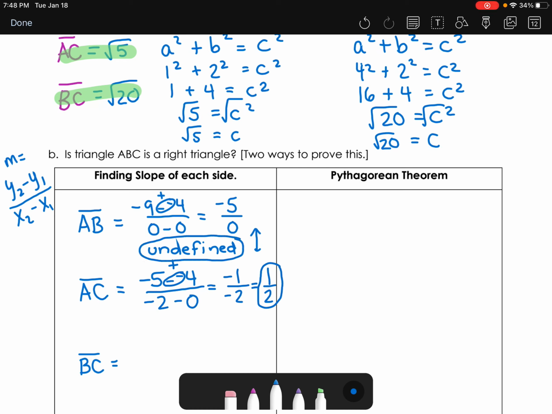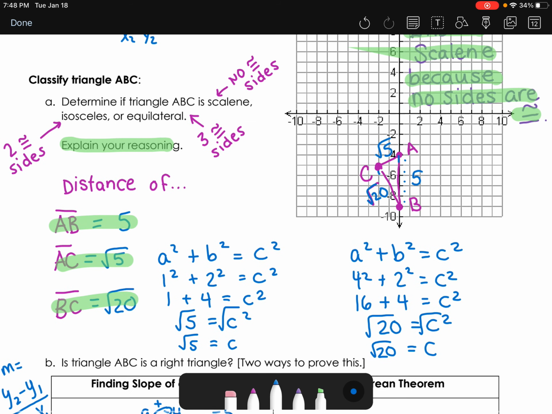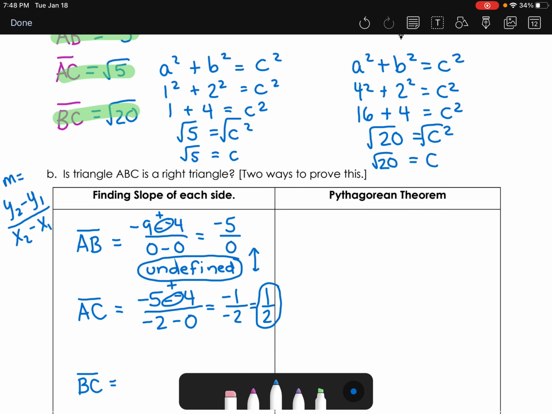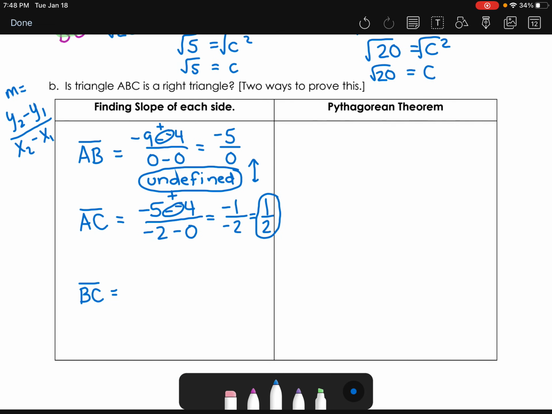Okay, so those are definitely not negative reciprocals of each other. So far, no right angle. Let's try one more, BC. B, I'll make that one x1, y1. So -5 minus a -9, and then -2 minus 0.